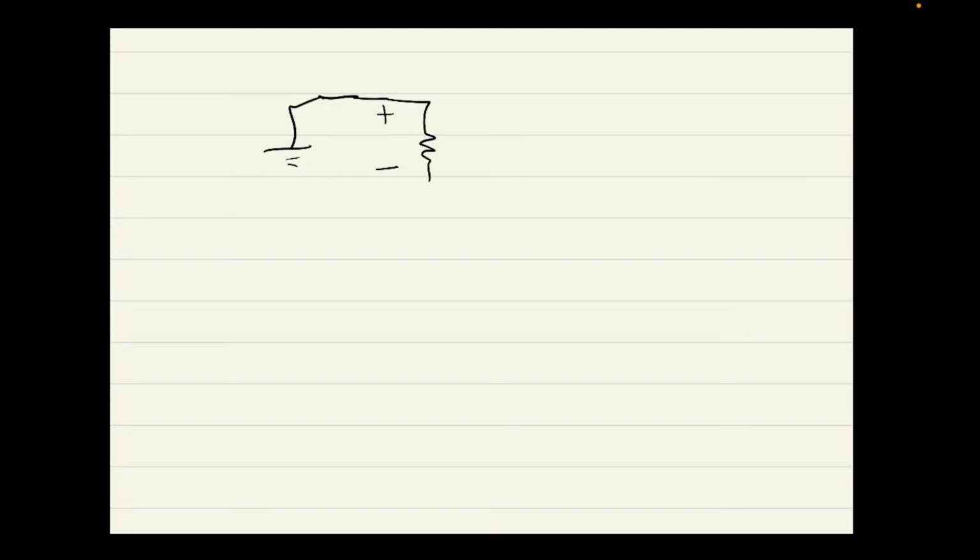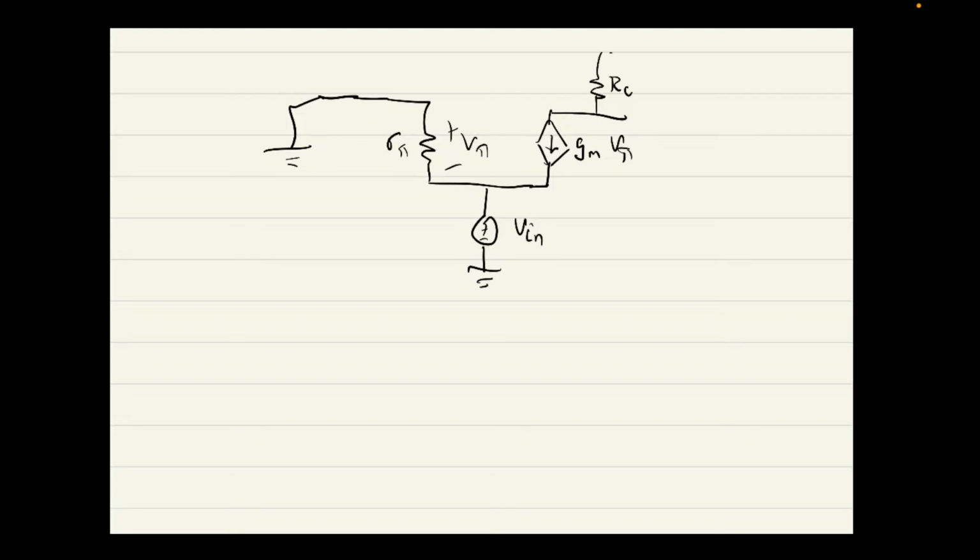Okay, let me draw that on the other side. So we've got the small signal model over here, and what we see is that V pi is 0, so we can essentially zero this out, pretty sure.